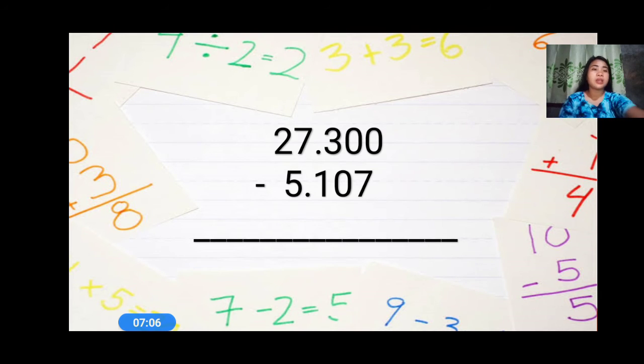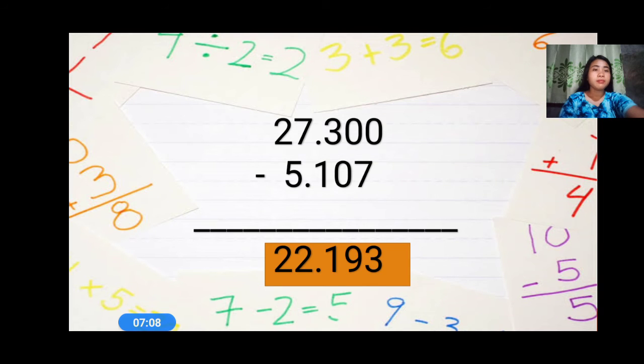Okay, so everyone, 27.300 minus 5.107 equals 22.193. Okay, so how did it become 22.193? Okay, so first we are going to start with 0 minus 7.